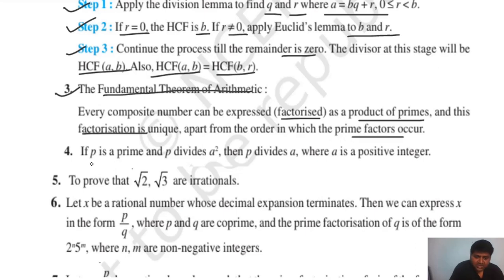If p is a prime number and p divides a square, then p divides a, where a is a positive integer. So suppose p is a prime number and p divides a squared, then p also divides a.